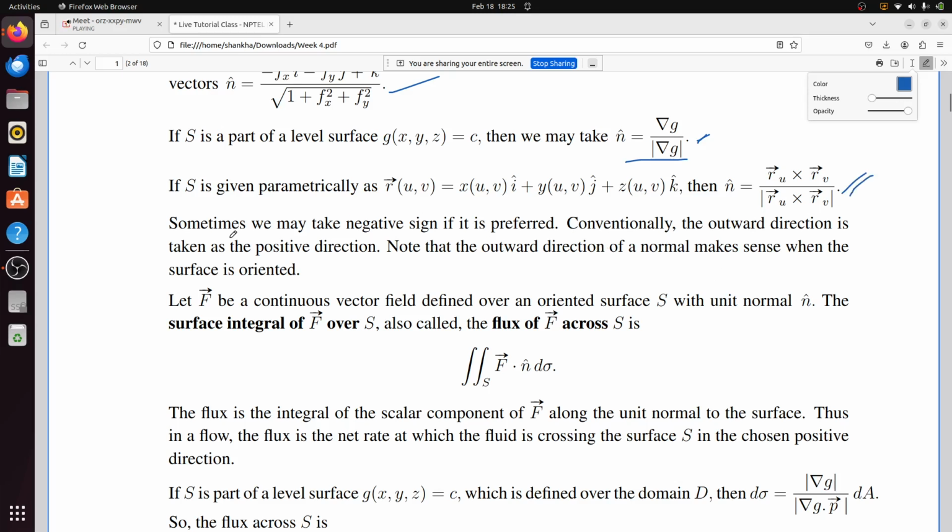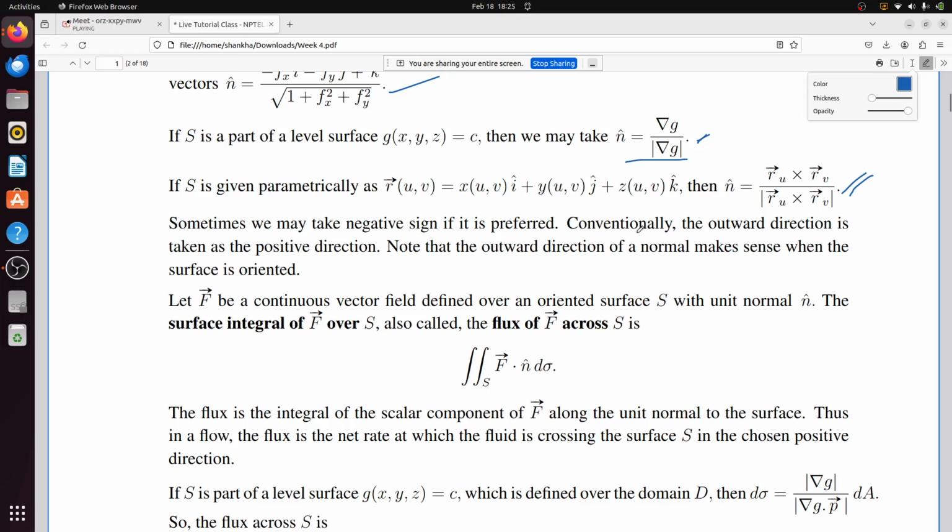Sometimes we may take the negative sign if it is preferred. Conventionally the outward direction is taken as the positive direction. So what this line means is that sometimes you may take the negative sign of this outward drawn normal, but conventionally the outward direction is taken as positive.